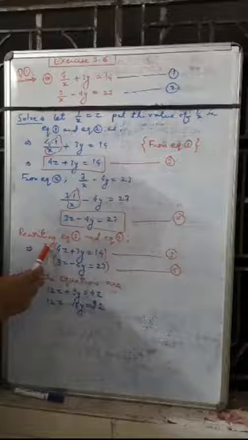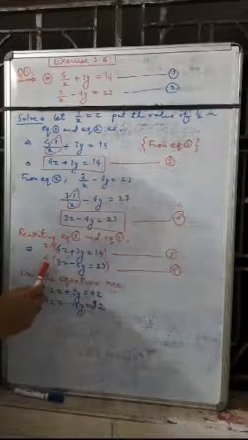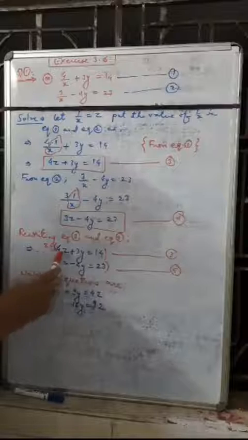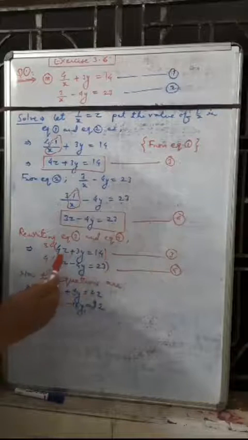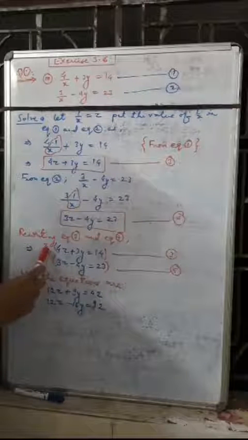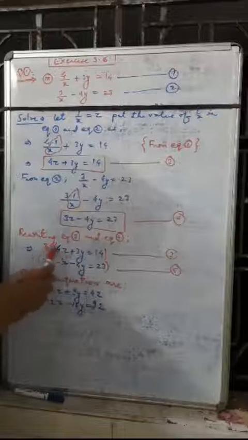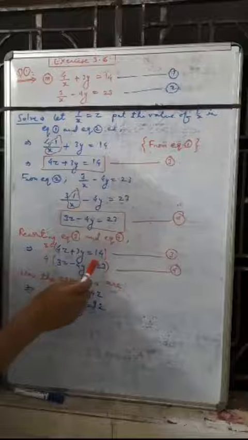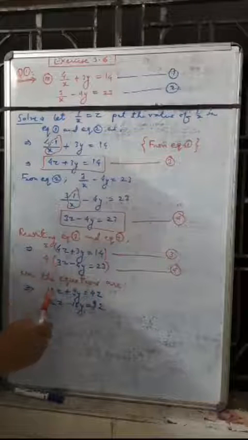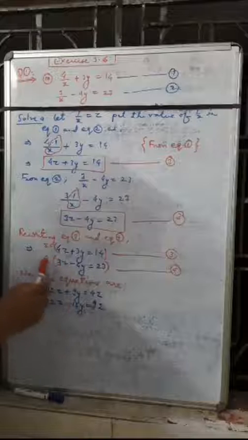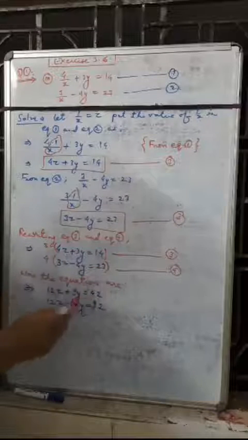So 3 times 4 is 12, and 4 times 3 is 12. So multiply equation 3 by 3, and multiply equation 4 by 4. We get 12z plus 9y is equal to 42, and 12z minus 16y is equal to 92.